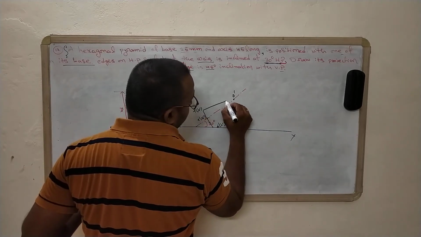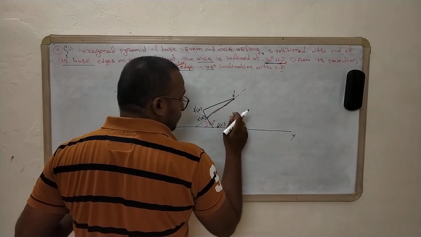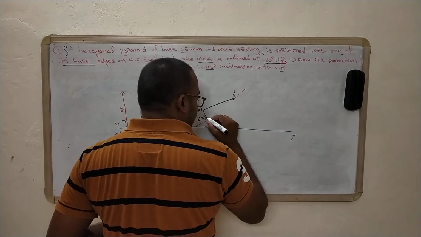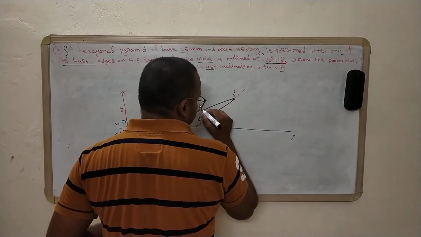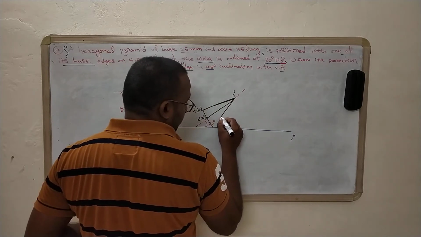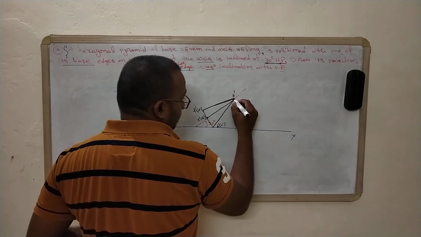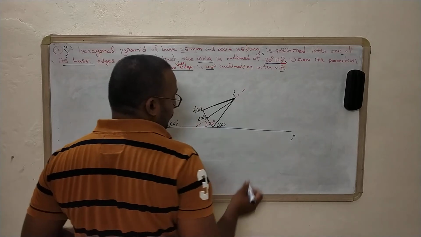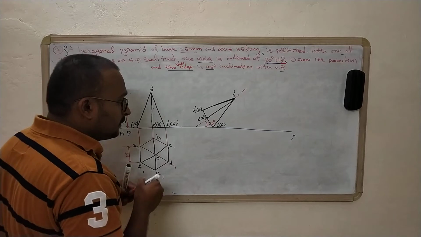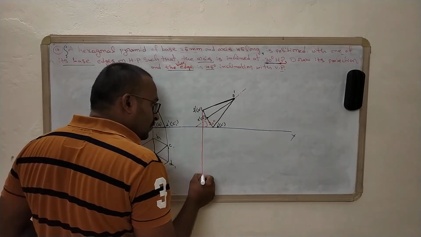Now we are going to combine all of them to O dash. Now we are going to project all the points towards the downwards.